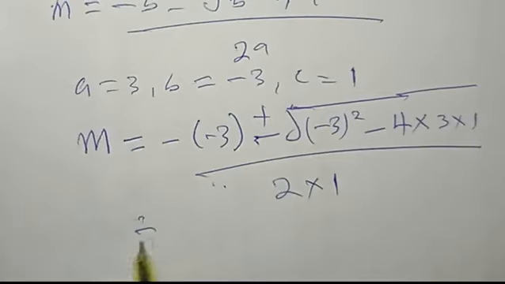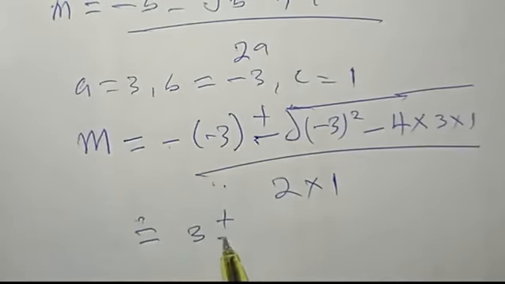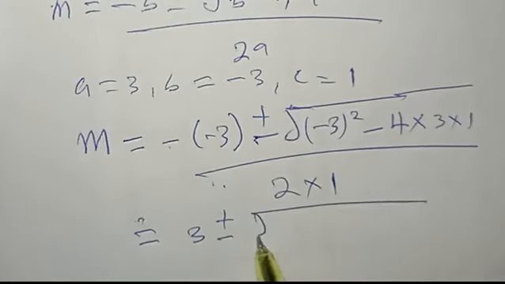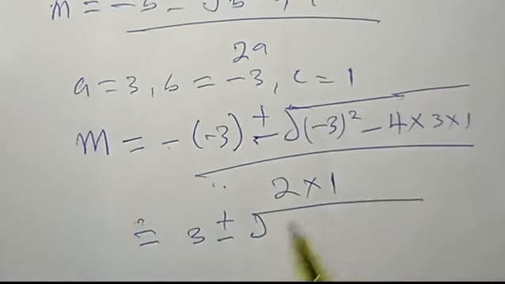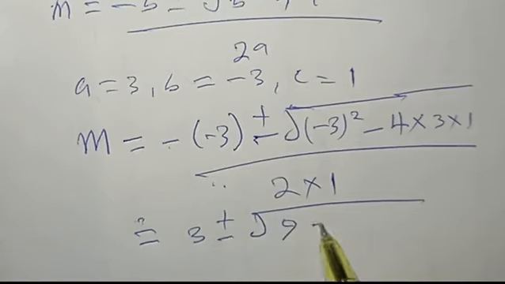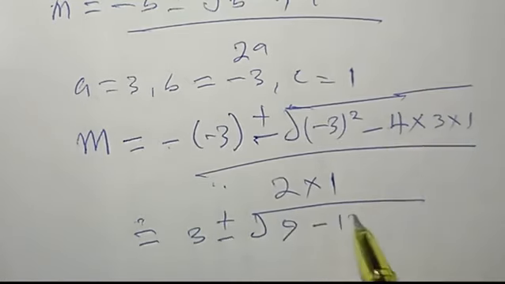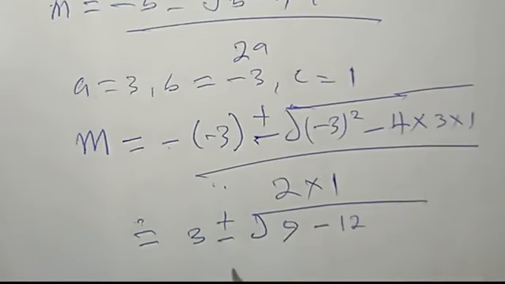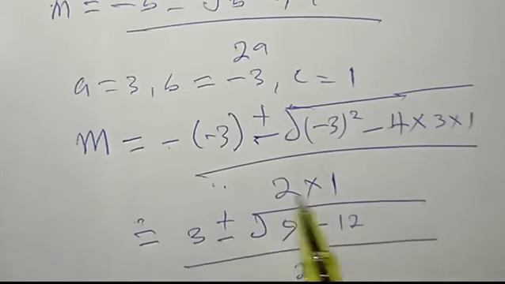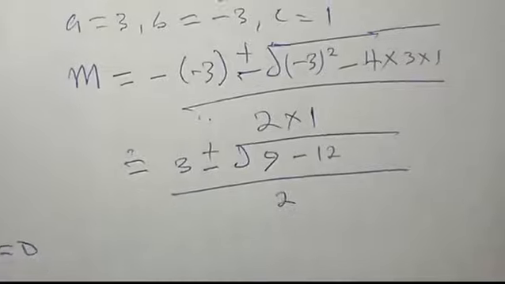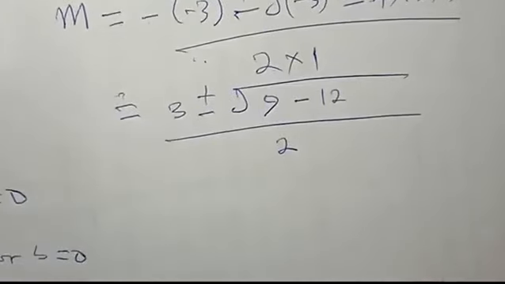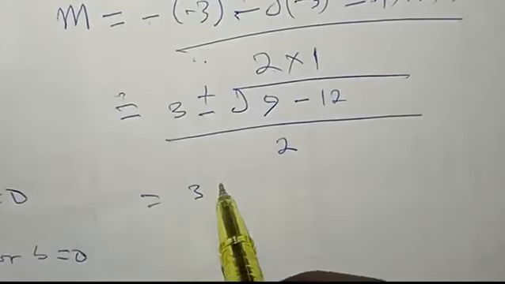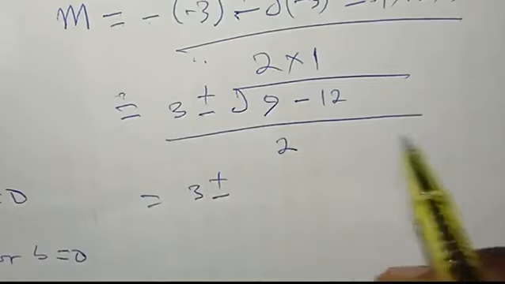And so simplifying, I'm going to be having that this is 3, and then plus or minus the square root of minus 3 squared, which is 9, and then minus 4 times 3, which is 12, times 1, which is also 12. It's all divided by 2, which is 2 times 1. Okay, so moving on, what I have here is a 3 plus or minus.